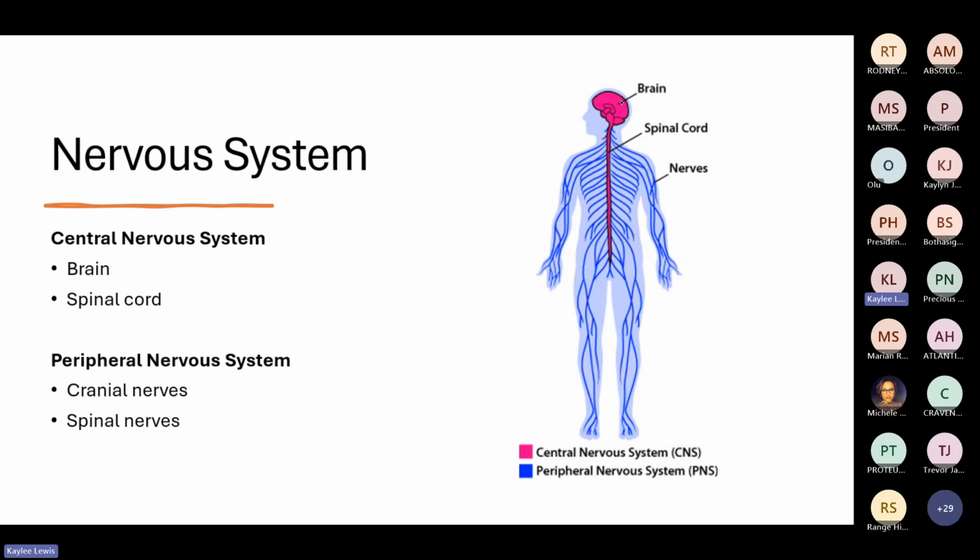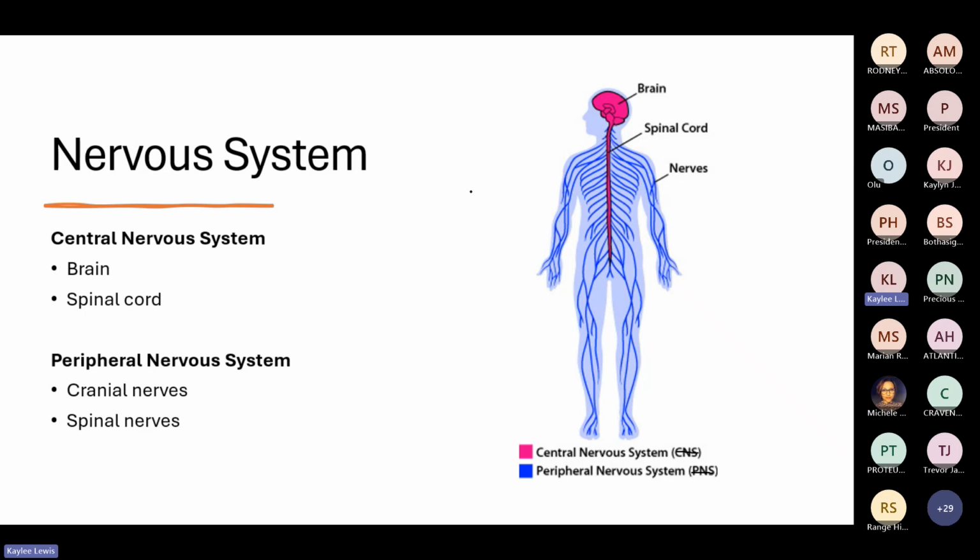You have the central nervous system, which the brain and the spinal cord make up, and you have the peripheral nervous system, which we can break down into more segments, which I'll touch on just now, but it will consist of your spinal and cranial nerves. Now, please, you cannot write CNS for central nervous system and PNS for peripheral nervous system. They won't accept that. So you have to write it out in full.